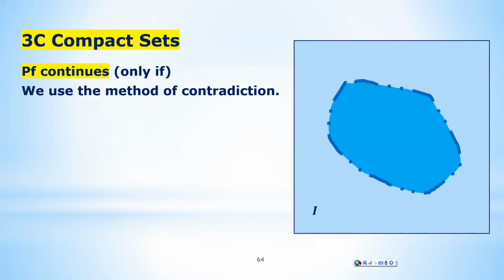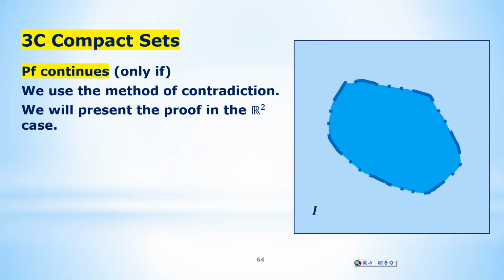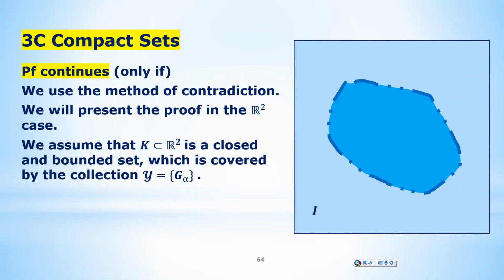Using the contradiction method means that we assume there is a covering. First, to demonstrate the proof, I can only show this in the R2 case. So let's assume that K is in R2, closed and bounded.